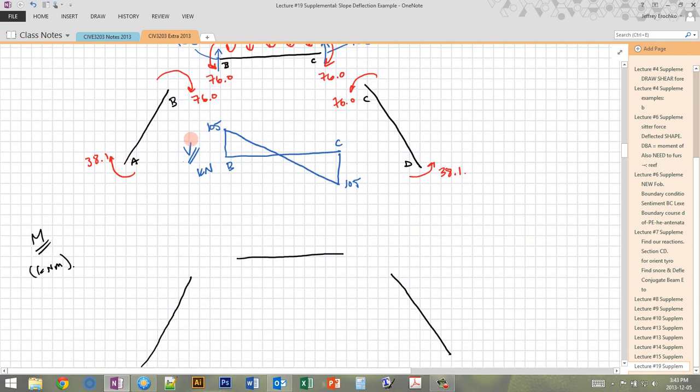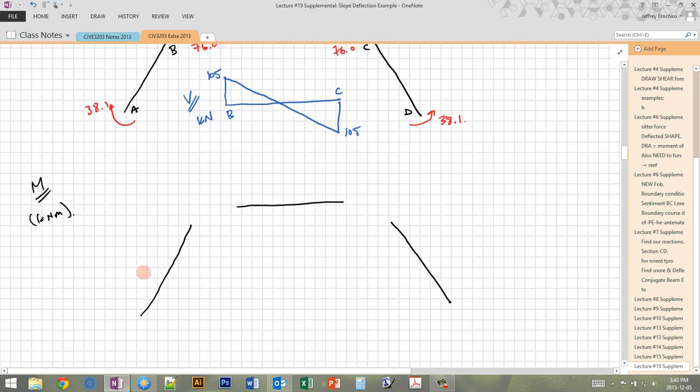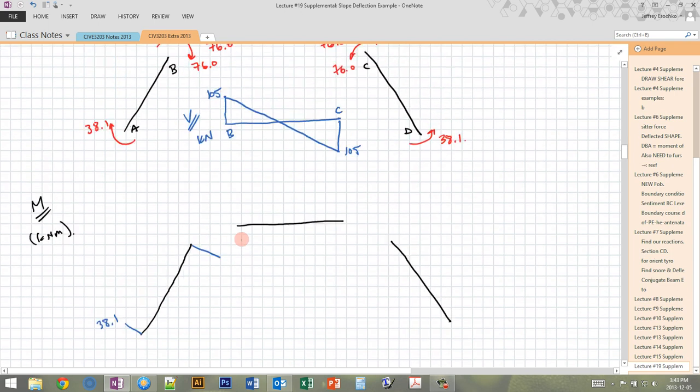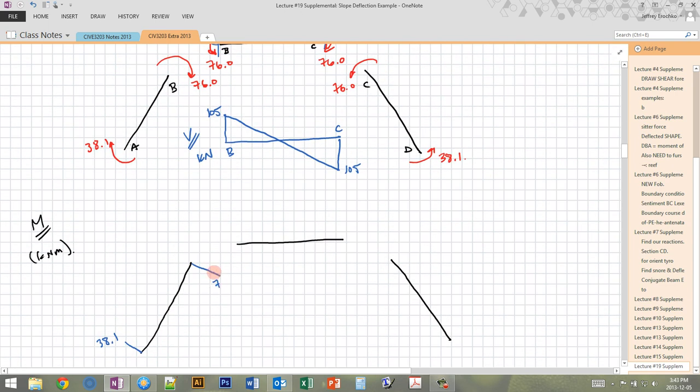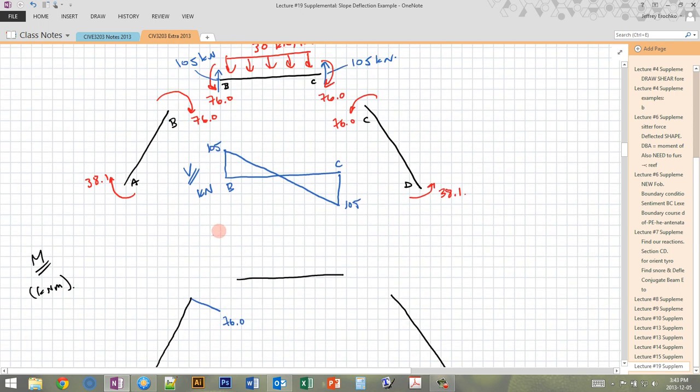We know 38.1, 76.0. I like to draw my moment diagrams on the compression side, so we know that the moment arrows always point to the compression side. So this is going to be 38.1, and we have a moment over here, right, that's 76.0. We know what these are because we've actually solved for these end moments directly, right? These come out of our slope deflection equations.